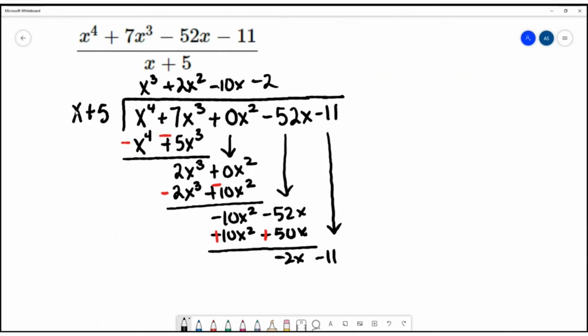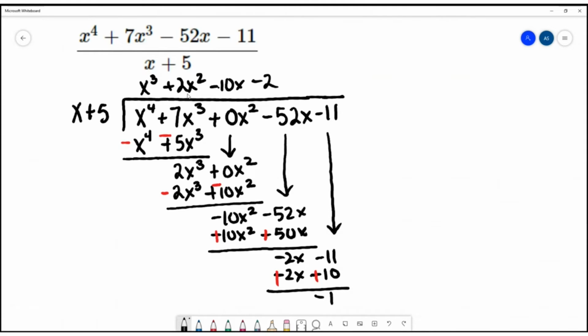Negative 2 times x is negative 2x. Negative 2 times 5 is negative 10. We need to subtract, so we're going to change those signs. Negative 2x plus 2x zeroes out. Negative 11 plus 10 is negative 1, and we've reached our final step.